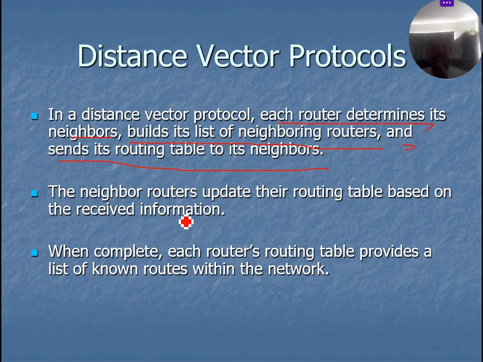Then the neighbor routers update their routing table based on the information that they've received from the determinant router. Now, when complete, each router's routing table provides the list of known routes within the network. Each router's routing table will give all the routes that can be used within the network. Is that okay?